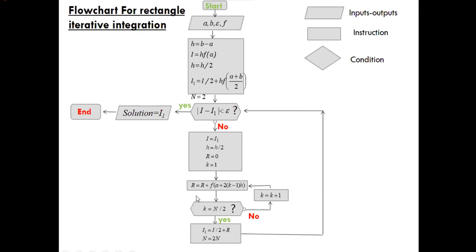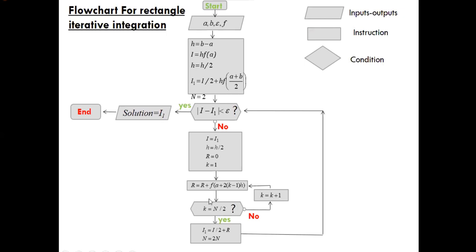But in any case, now you will have a for loop from k equals 1 till n over 2. You calculate the sum r equals r plus f of a plus (2k minus 1) h.